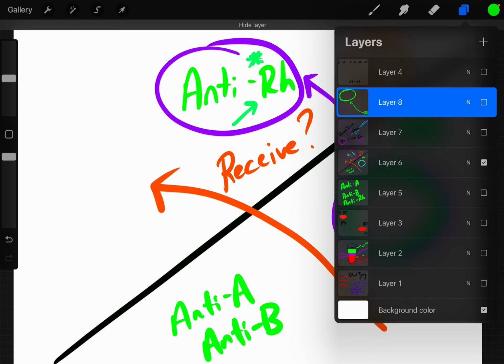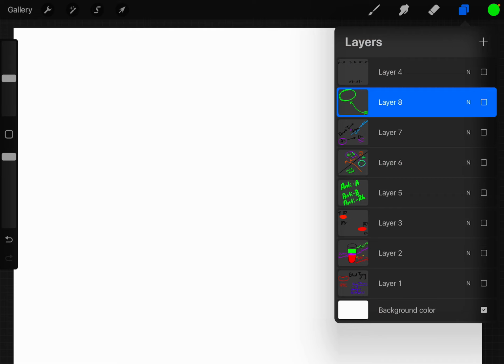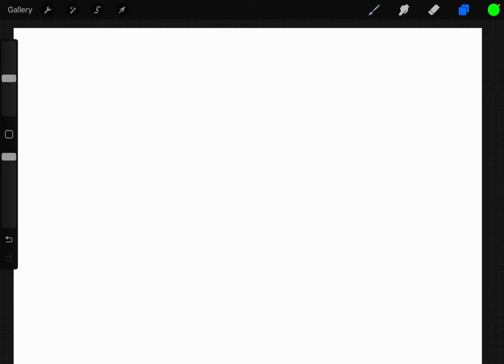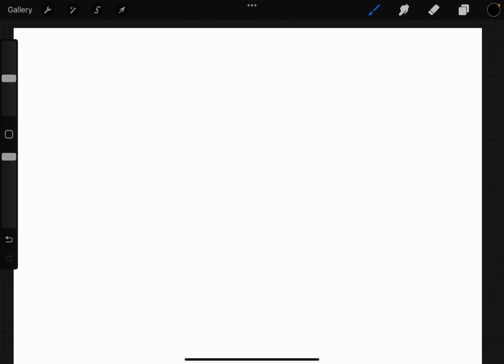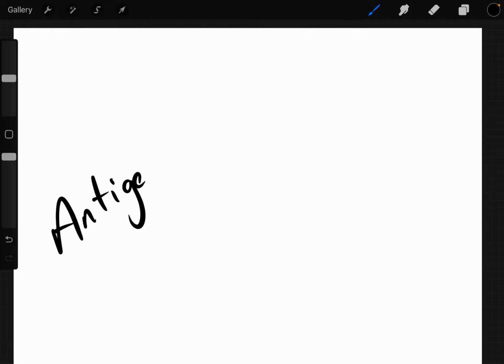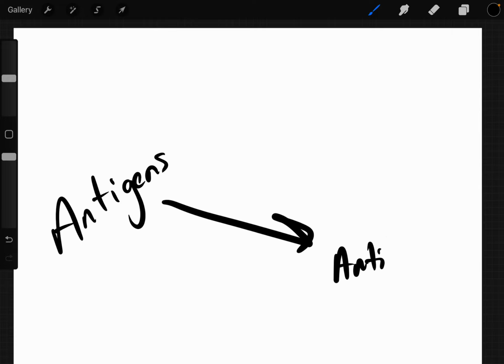If you have any questions about it, write the questions down. You can email them to me right now if you want to, or you can ask me when you get in class. But the same idea always goes: antigens to antibodies every time. Always compare antigens to antibodies.